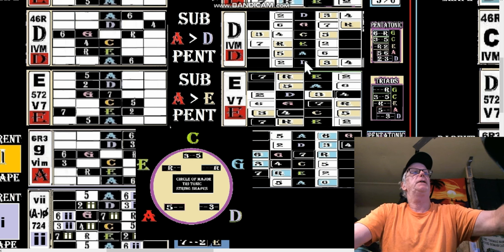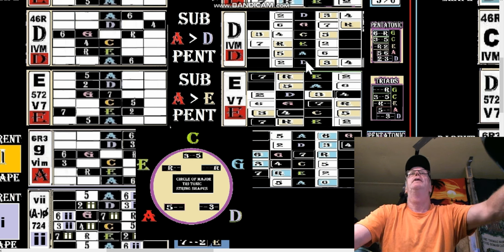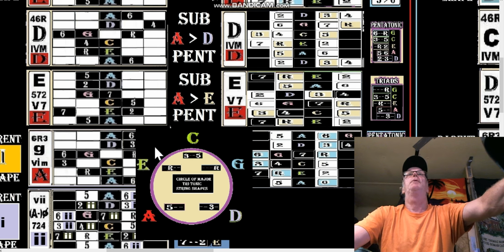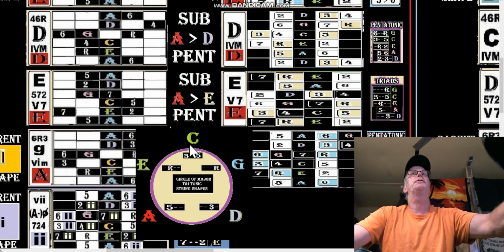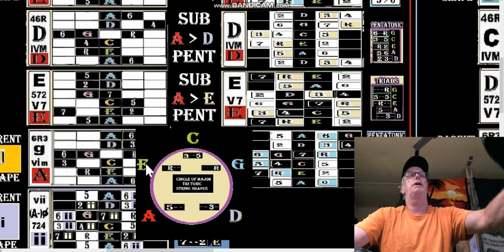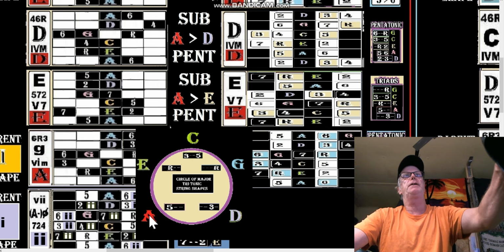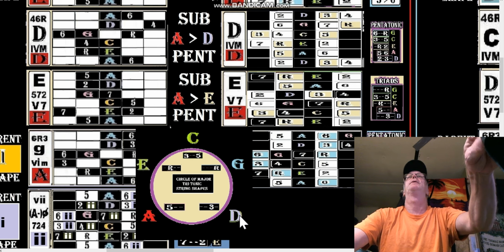D is the fourth of A, and what we have here is we start on C, we skip D to the E shape, we're going up a pentatonic scale in fourths, skip G shape to the A shape, skip C shape to the D shape.